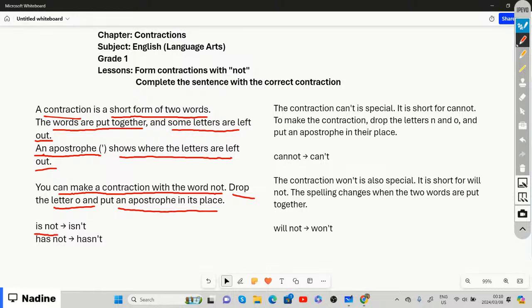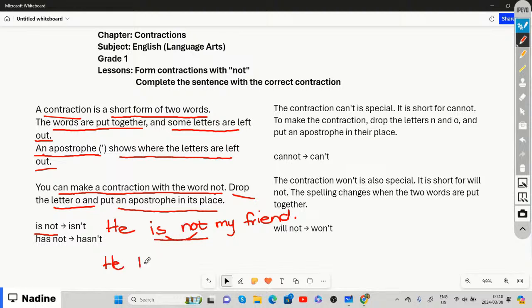If we say he is not my friend, remember, we need to put these two words together. Then we can say he.